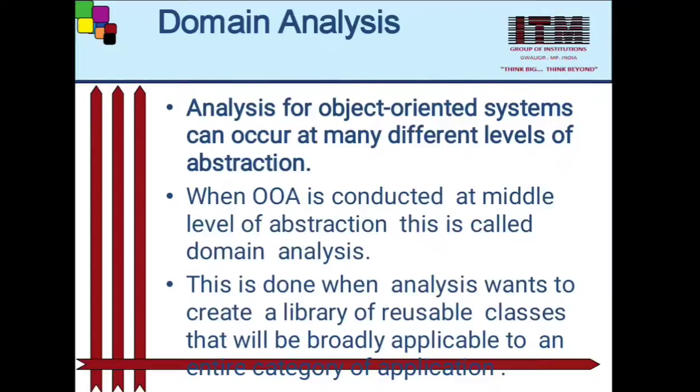When object-oriented analysis is conducted at the middle level of abstraction, this is called domain analysis. This is done when the analyst wants to create a library of reusable classes that are broadly applicable to an entire category of applications.